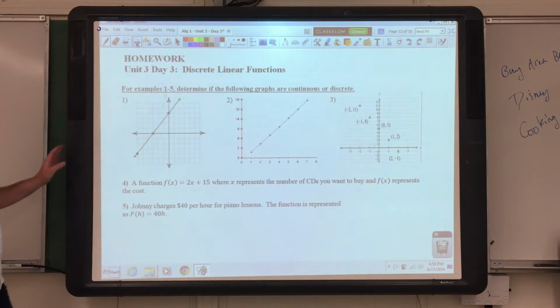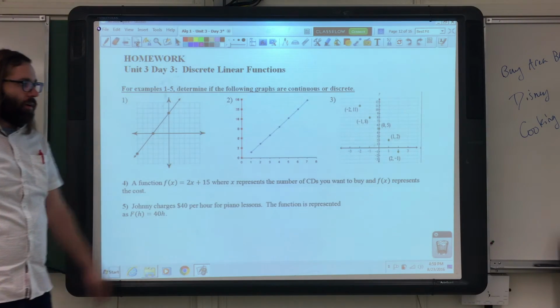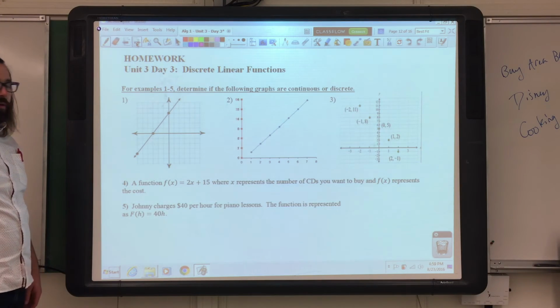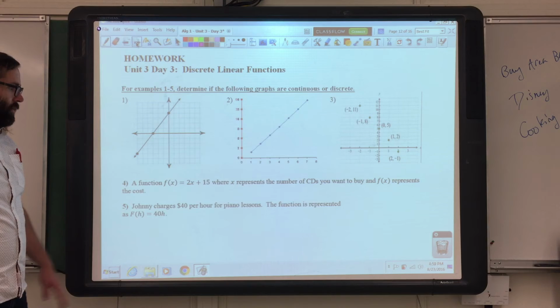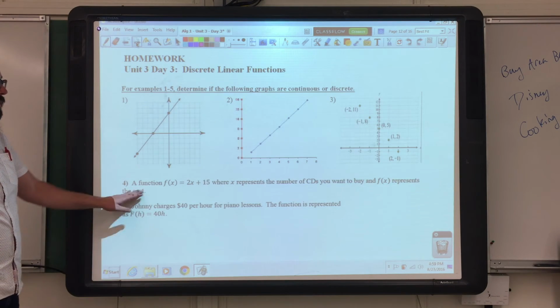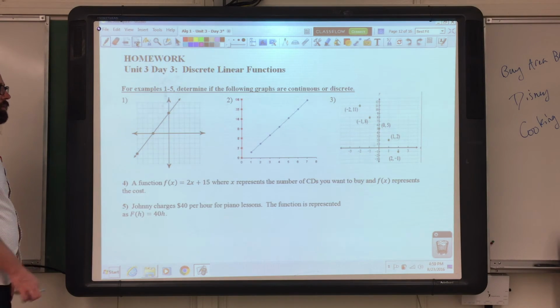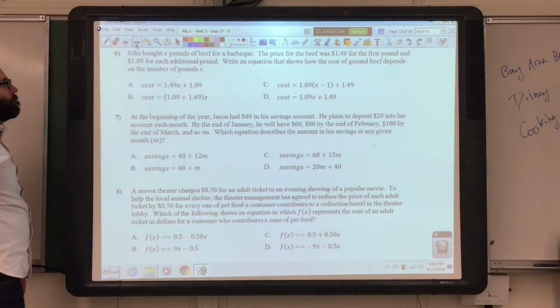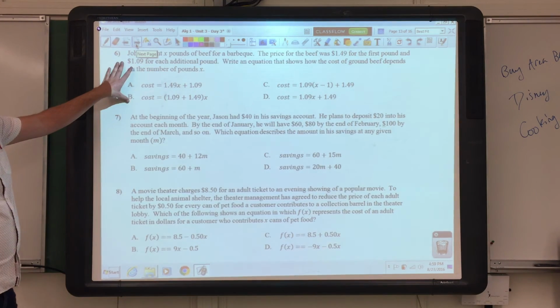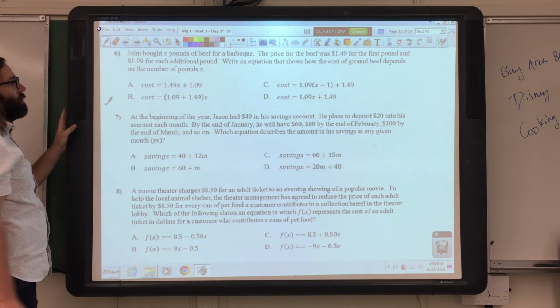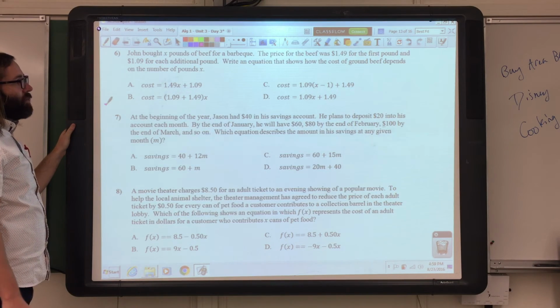So for your homework, looking at graphs, seeing if they are discrete or continuous. Remember, connected, continuous. Looking at some word problems. Are they continuous or discrete? Word problems. Underline the important information. Okay? X pounds of beef.